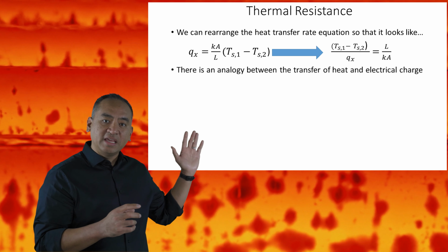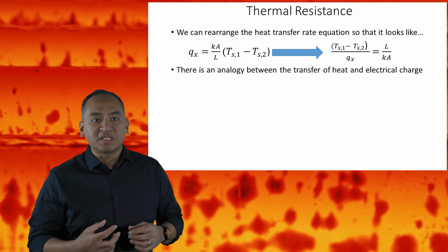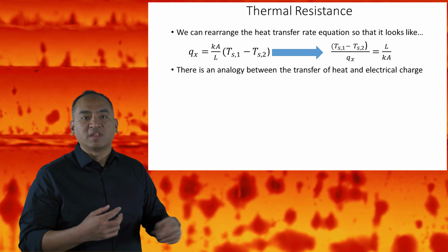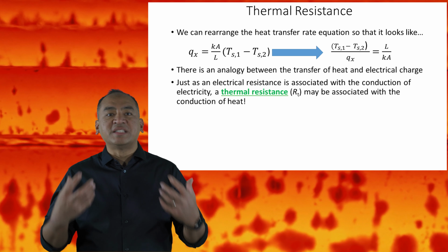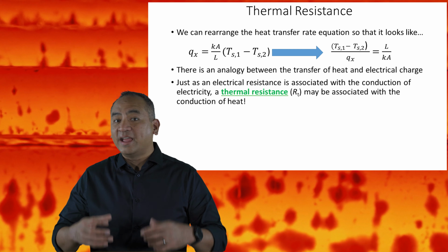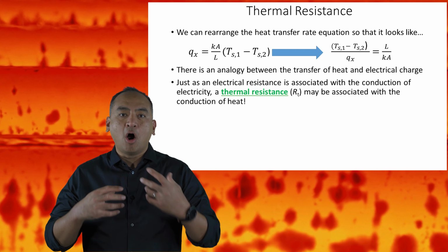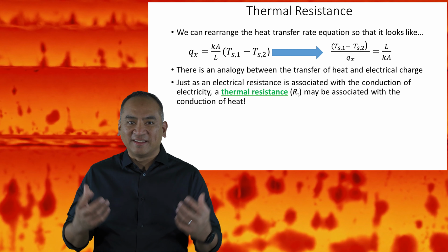Here you see a temperature drop, which is like a voltage drop. Here you see a heat transfer rate, which is analogous to current. Just as an electrical resistance is associated with the conduction of electricity, a thermal resistance, or R sub T, may be associated with the conduction of heat.